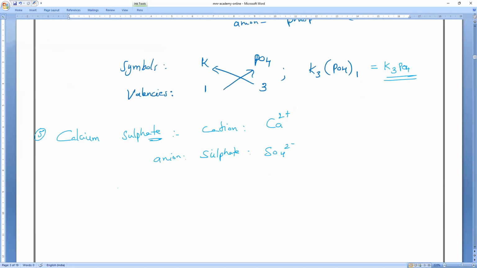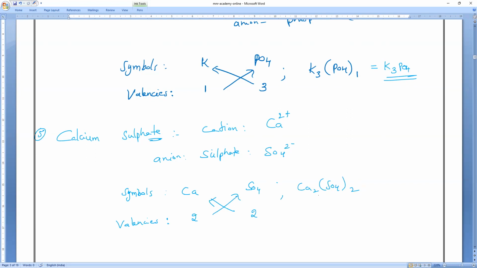Now you can apply symbols. What are the symbols? Ca and SO4. What are the valencies? Calcium also 2, sulfate also 2. If you crisscross it, we get Ca2 SO4 twice.